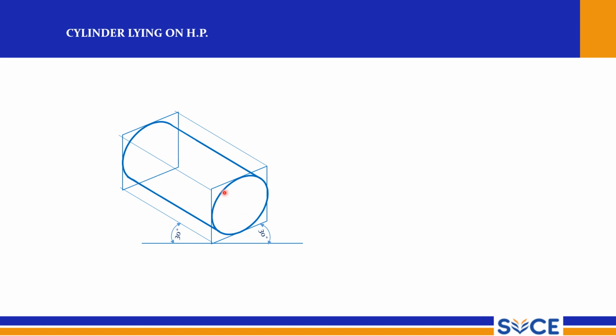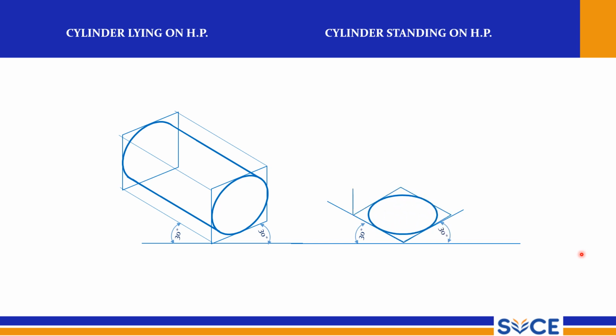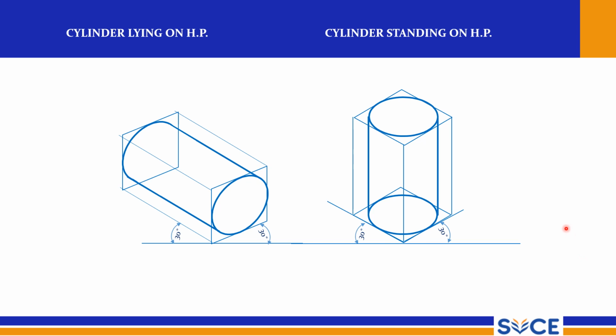So this is the sleeping cylinder, and the standing cylinder should be drawn on 30-30 plane. So this is the cylinder which is standing. Now draw the tangents here. Those will become the outermost generators, and this should be removed, and this gives you the standing cylinder.